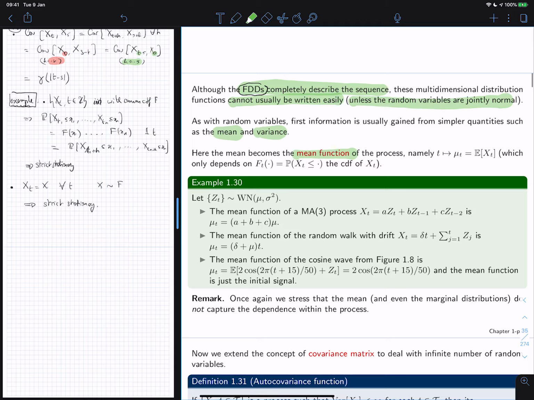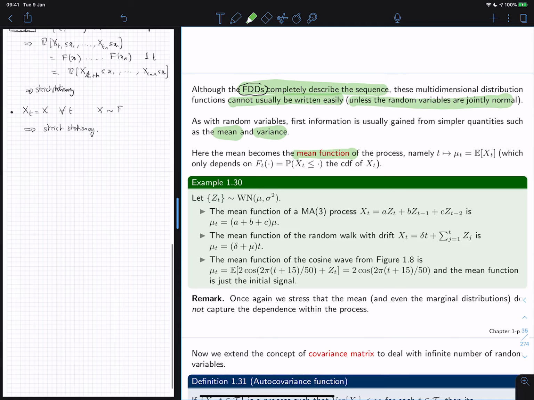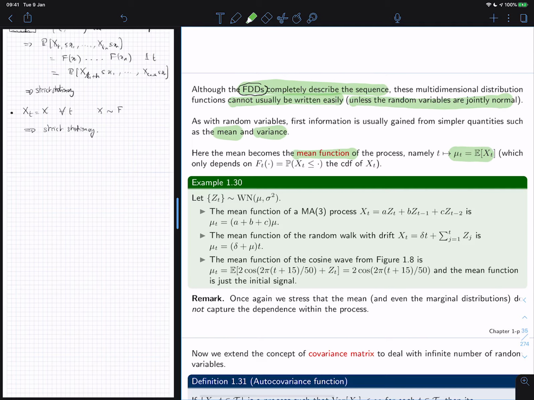So what's the mean function? It is nothing else than mu t, the expectation of xt as a function of t. This function depends only on the marginal CDF of xt, because you're just looking at the process at one fixed time point t.